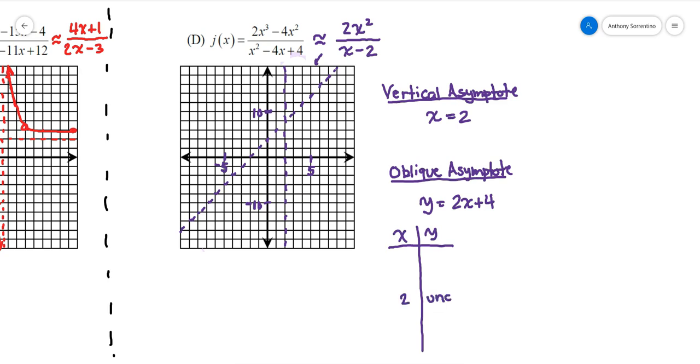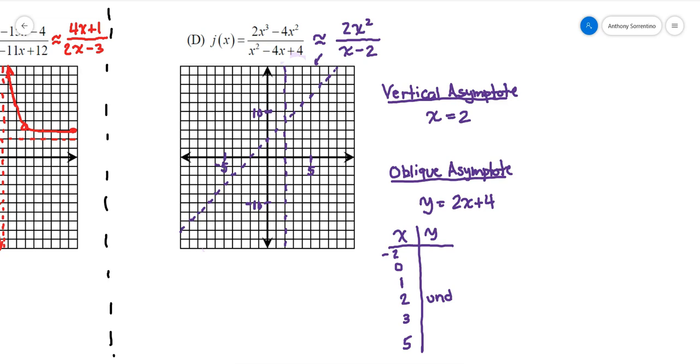That's where it's undefined. So I want to pick some values that are close by, maybe one a little further away. Same thing here. And I always put 0 in there regardless. Sometimes 0 is not that far away from 2 either.